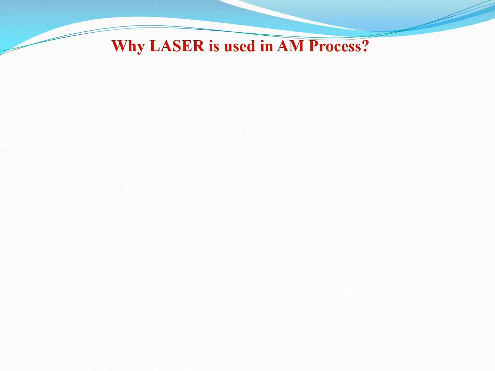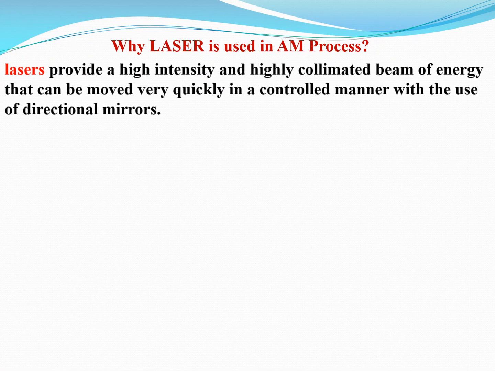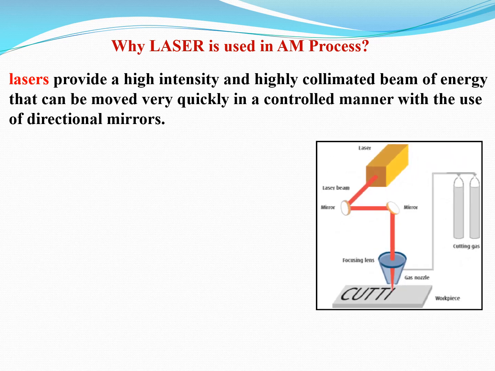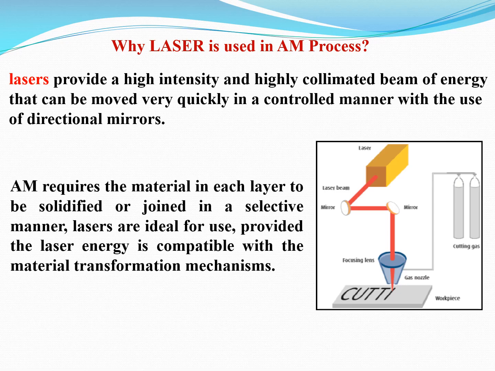Now the question comes, why is laser used in the AM process? The laser, whose full form is light amplification by stimulated emission of radiation, provides a high intensity and highly collimated beam of energy that can be moved very quickly in a controlled manner with the use of directional mirrors.